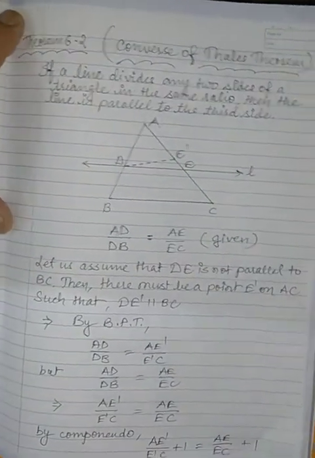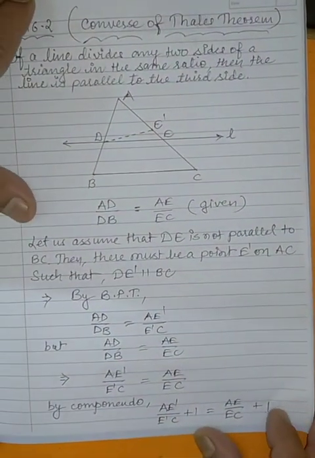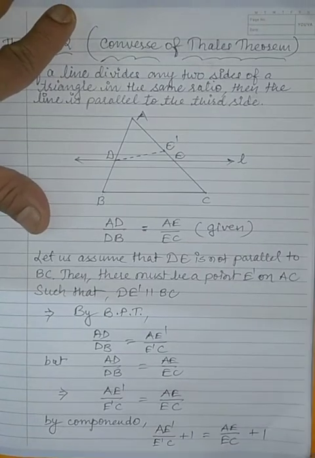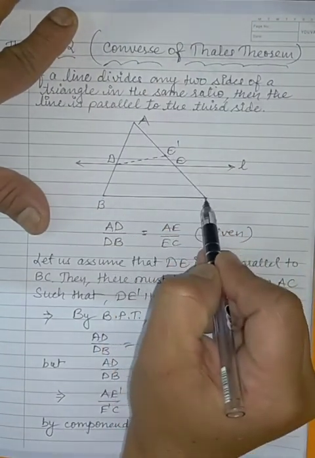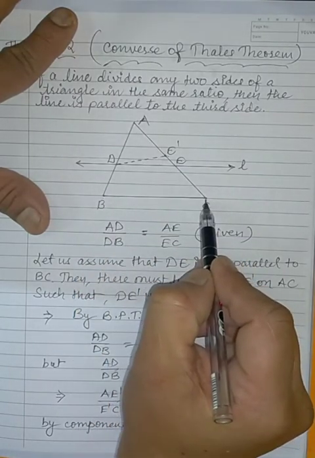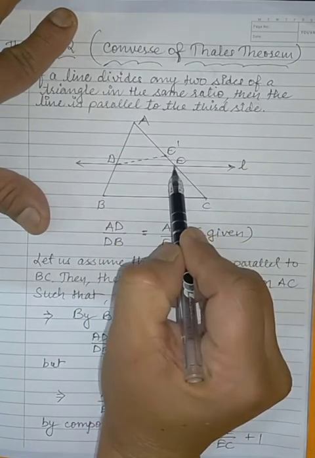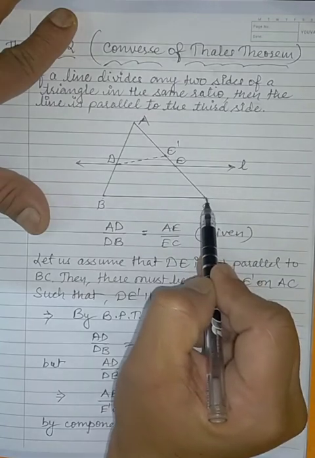Now you can see here, AE dash plus E dash C is equal to AC, and AE plus EC is also equal to AC.